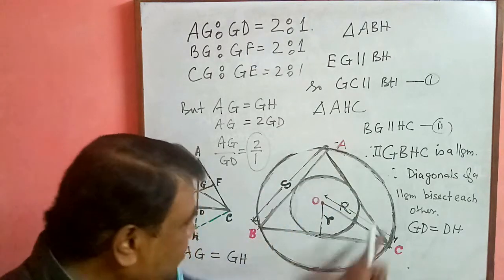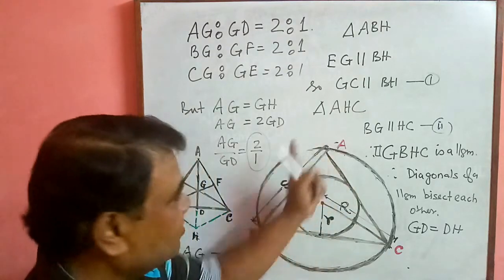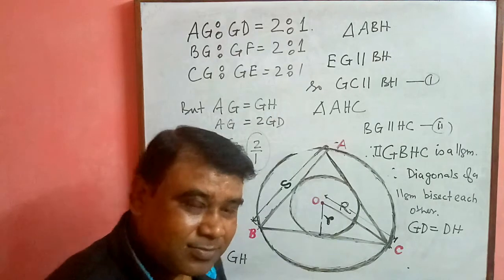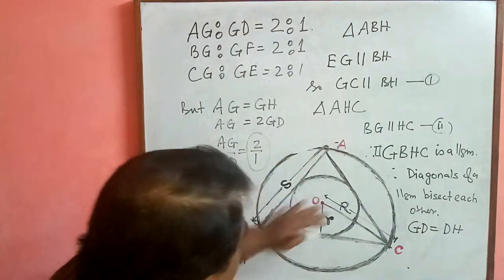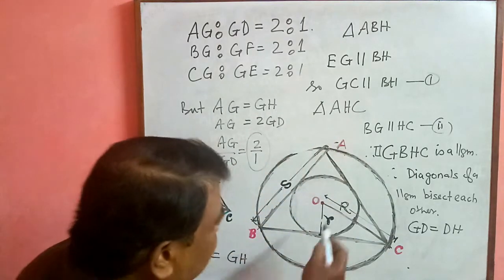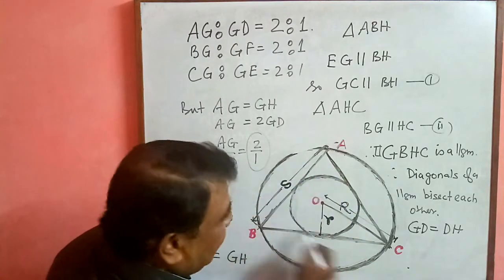Here is a circle. ABC is an equilateral triangle. Triangle ABC is circumscribed by a circle, and also a circle is inscribed by the triangle.